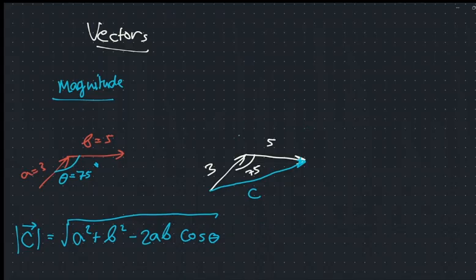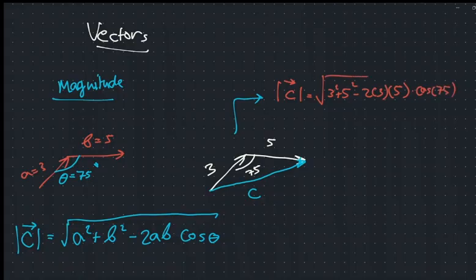The magnitude or modulus of C is going to be equal to the square root of 3 squared plus 5 squared minus 2 times 3 times 5 times cosine 75.